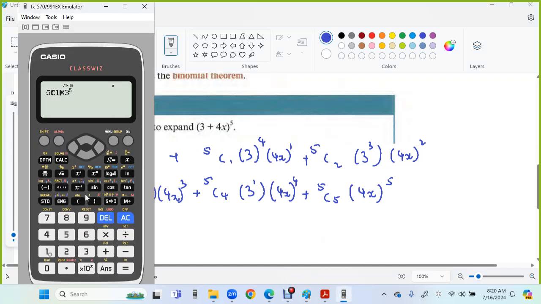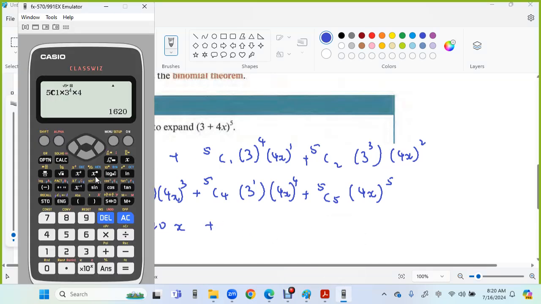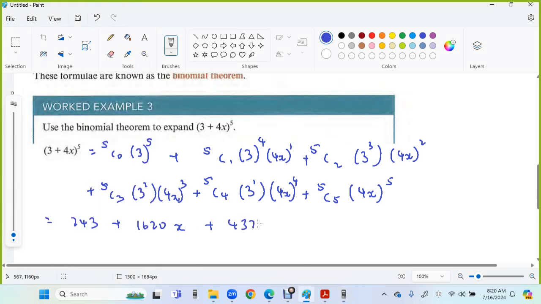And then plus 5C1, 3 to the power 4, 4 to the power 1, then 1620x. And then we have 5C2, 3 to the power 3, and then 4 squared, 4320x squared.